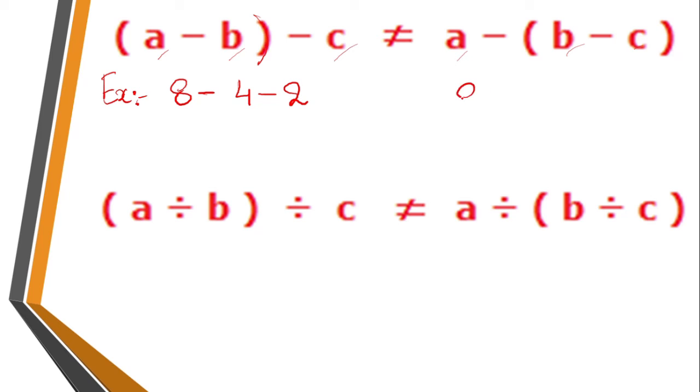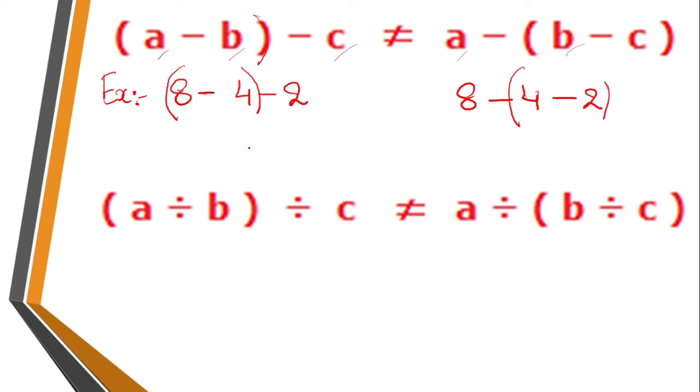So again we will do 8 minus 4 minus 2 only. But here we will group 8 and 4. First we will do 8 minus 4 and then minus it with 2. And here we will do 4 minus 2 and then minus it with 8. So here, in the first operation, we have 8 minus 4.